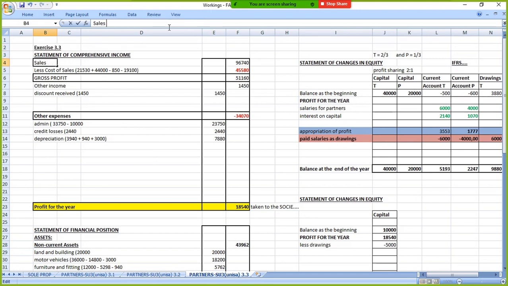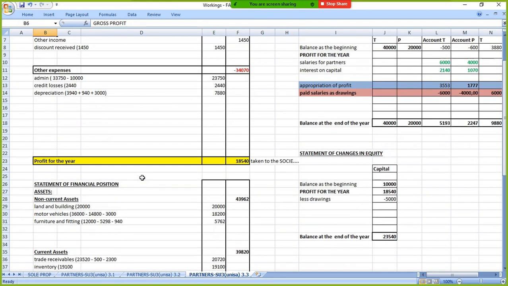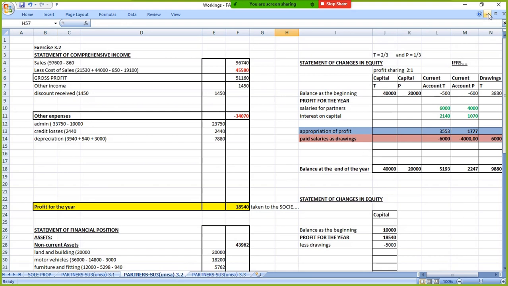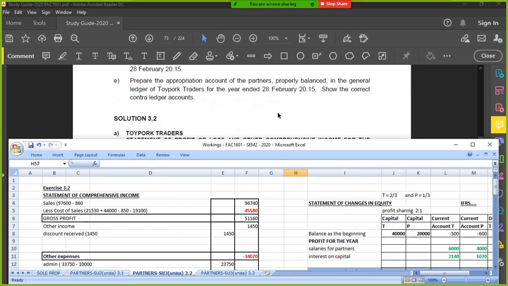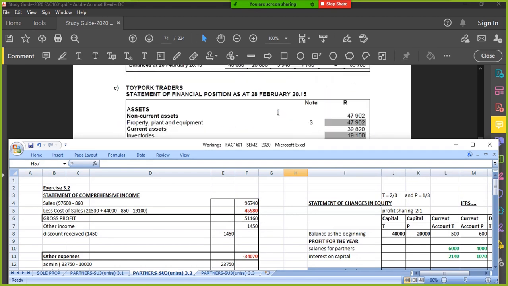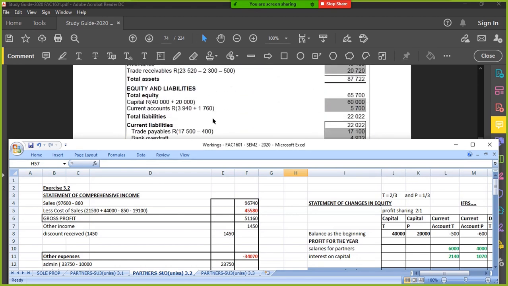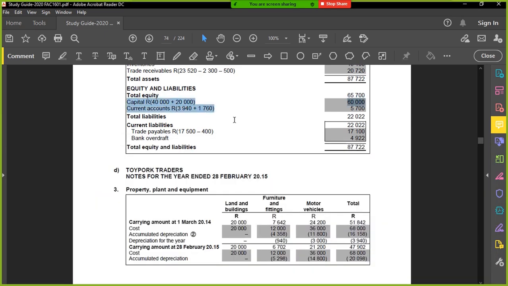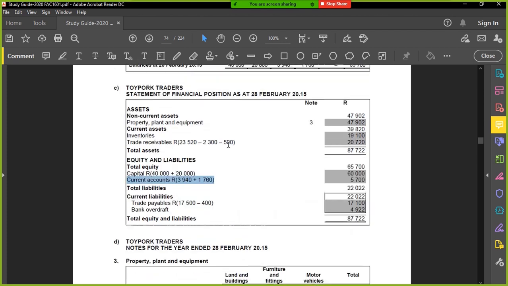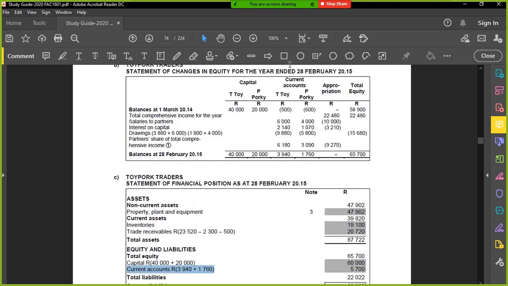Can we just go through the equity, and they didn't do it the way we did it for 3.3. Equity here: capital and current. They've only shown capital and current because they closed drawings off to current. Have a look. There is no drawings here in the associate. Why? Because they closed off the drawings to the current account.